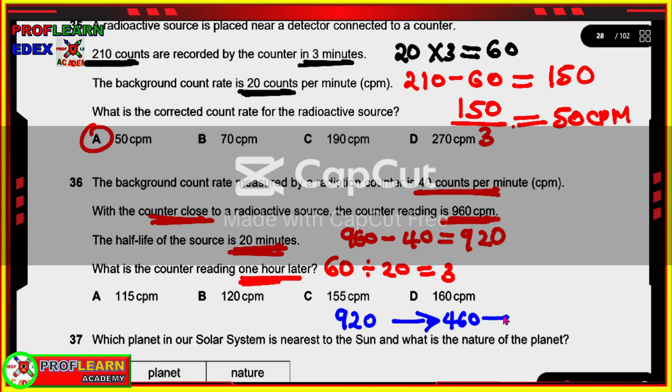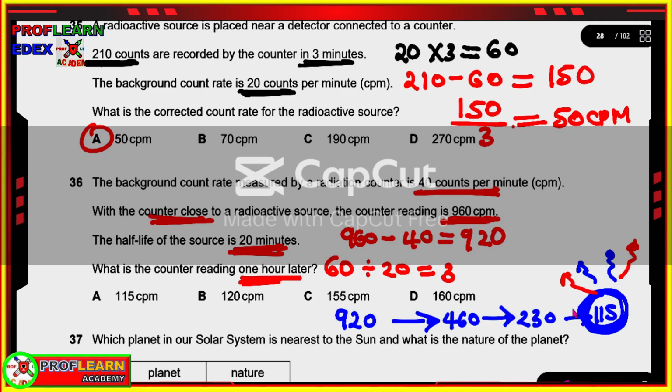For the second half-life, 460 divided by 2 is going to be 230, which again is going to decay for the third time, and that is going to be 115.